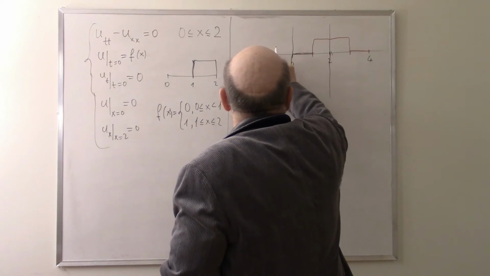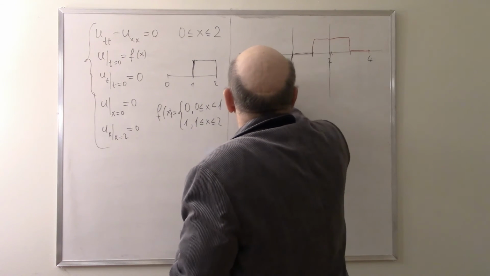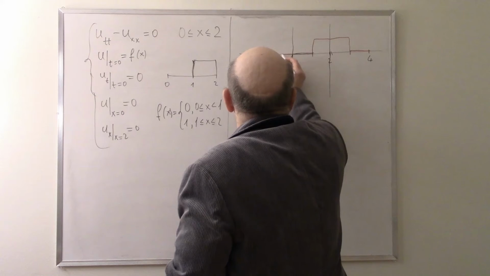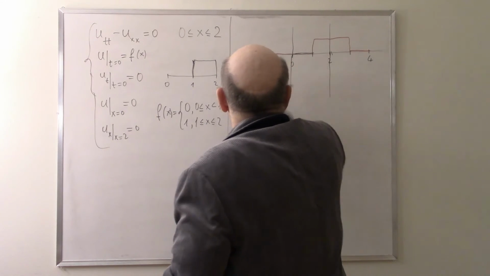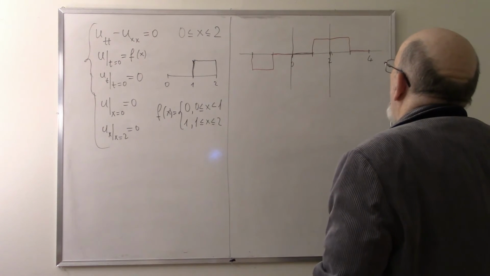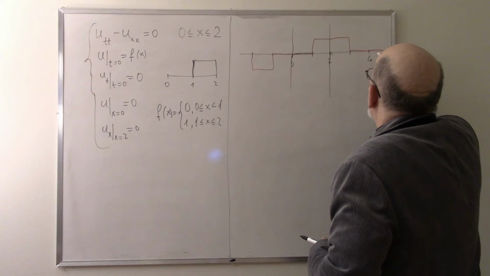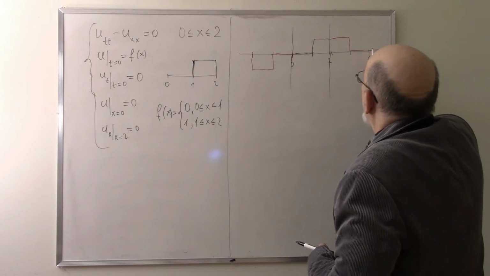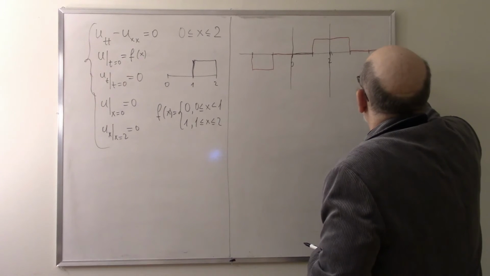And from 0 to the left, to -2, we continue this function as an odd function. Similarly, we continue it here. Also, 4 is a reflection of 0, so here the function should be odd, so it looks like this.